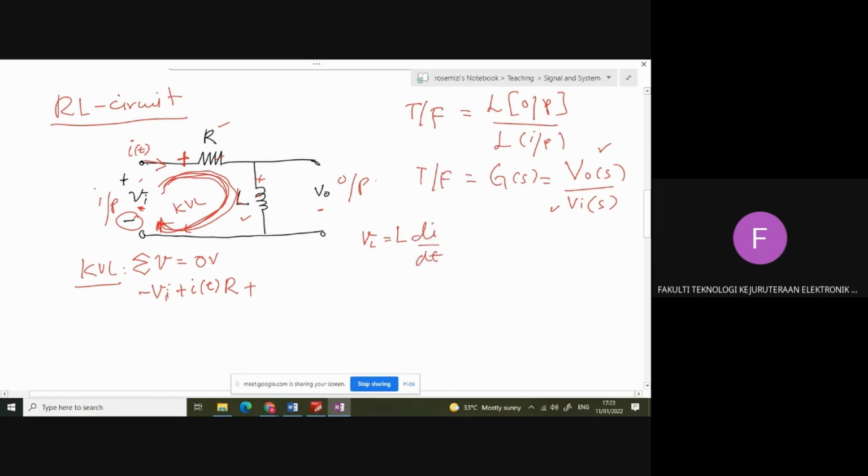The voltage at the inductor is the change of current times inductance. Total voltage equal to 0.